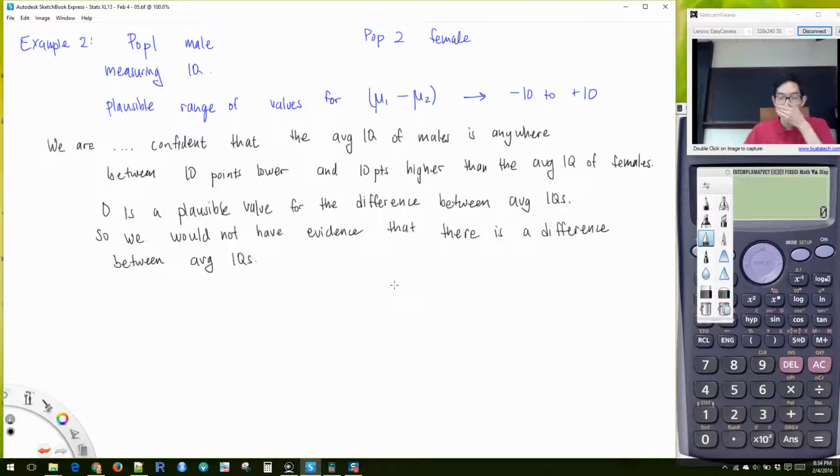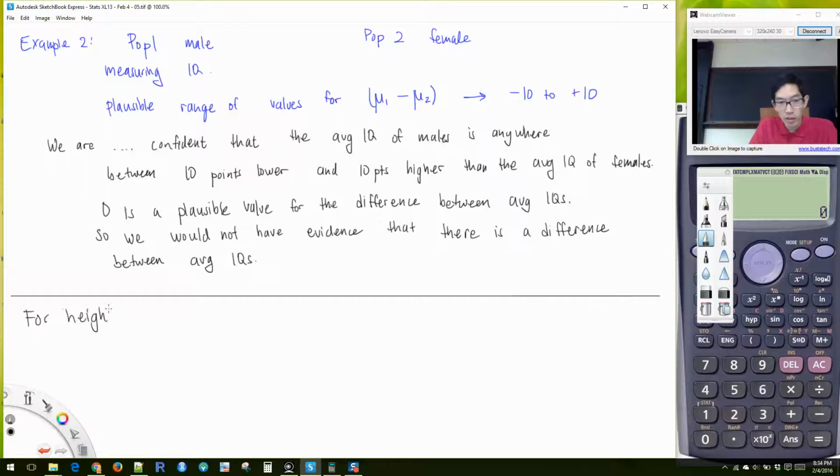Whereas versus the height example, for heights our interval was from plus 4 inches to plus 8 inches, right?